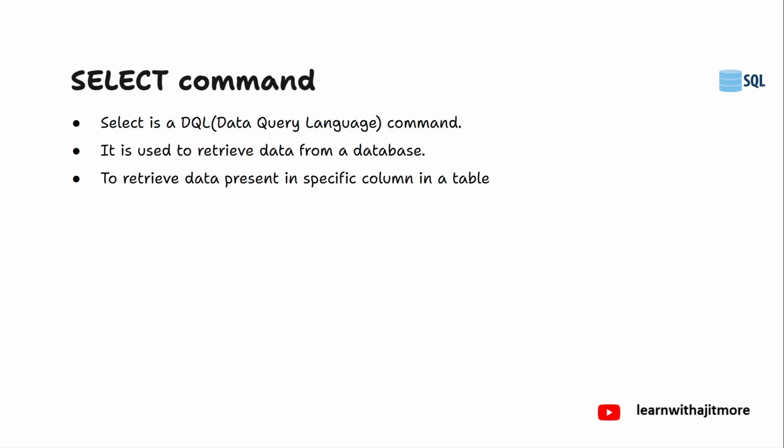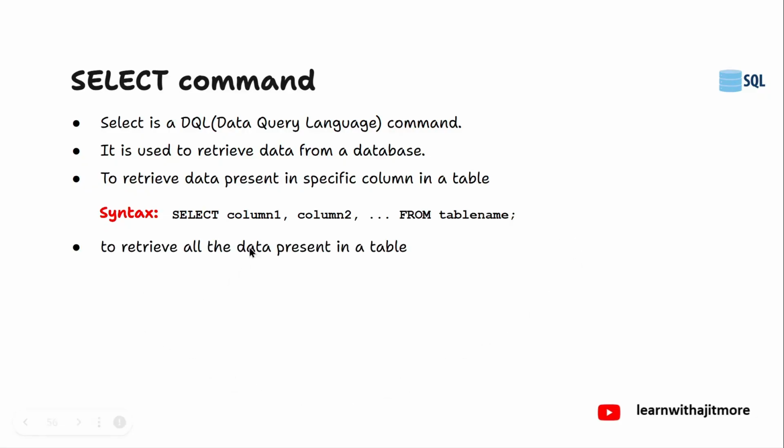Because for selected columns, the memory needed will be lesser, and obviously the time taken to process will also be lesser. To retrieve data present in a specific column, we use select and the column name. Whatever column names you give, only those selected columns will come. Okay? Where clause is not given, so is it going to print all the rows? Yes. And to retrieve all the data, meaning all rows, all columns, we write this.